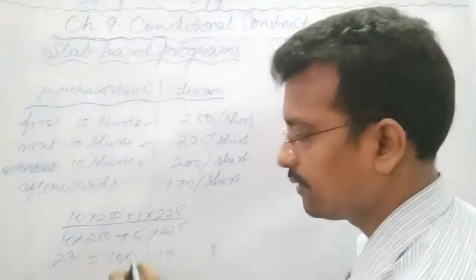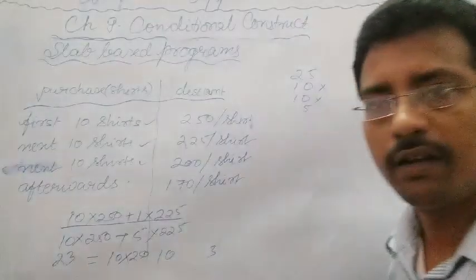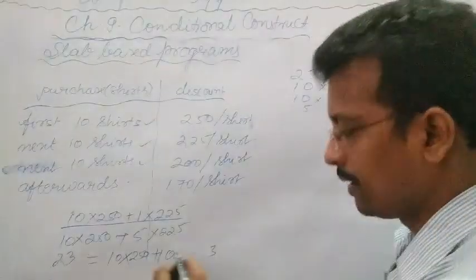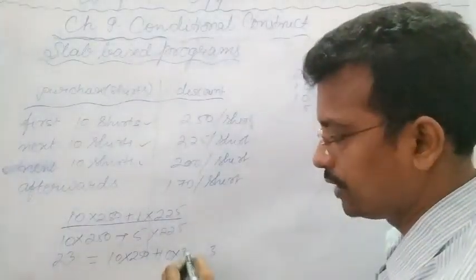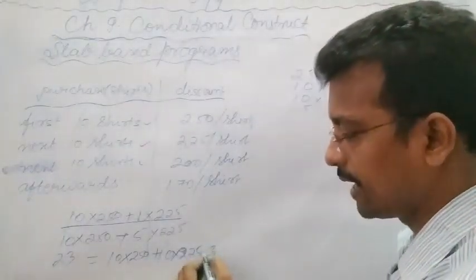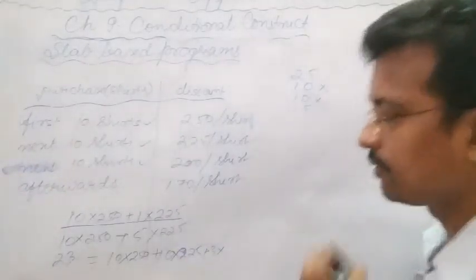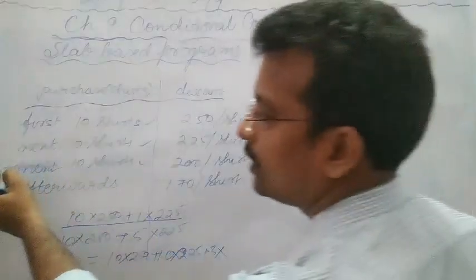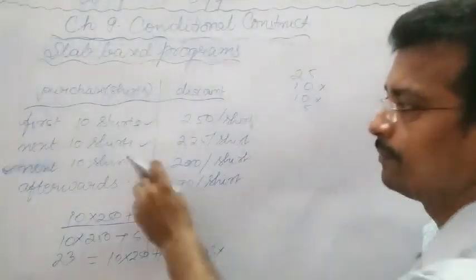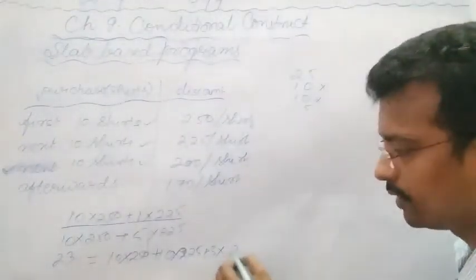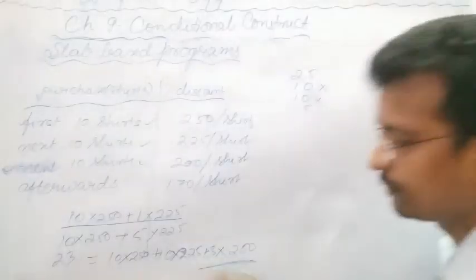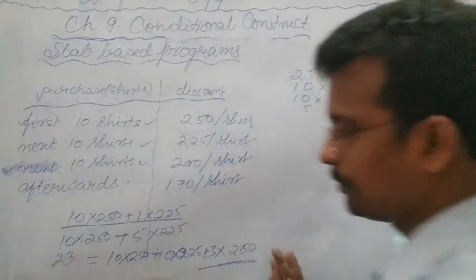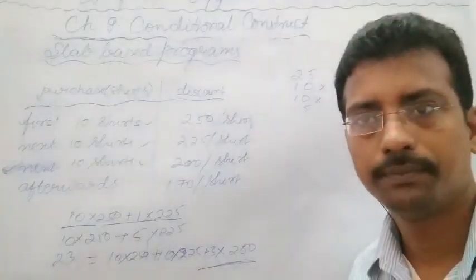The starting 10 will be multiplied by 250, then 225 will be added, then the next 3 will fall in the third condition, and the third condition includes only 3 shirts. So 3 shirts will be calculated at 200 per shirt. This way it will be broken. This is called the slab based logic.